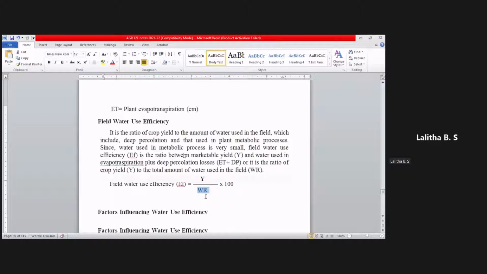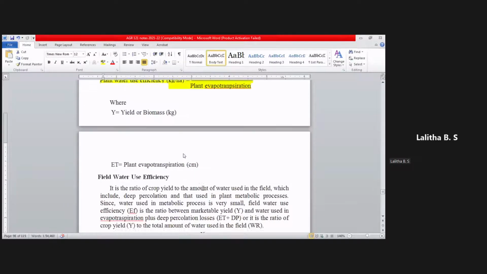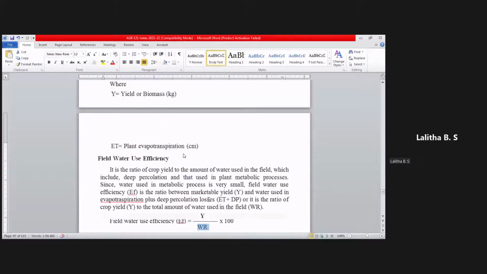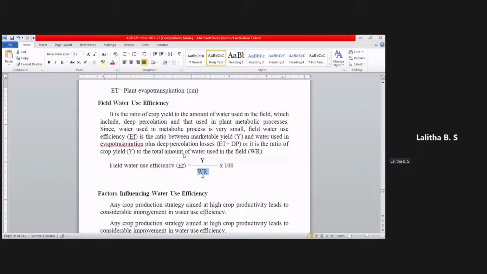Here, the water requirement, suppose I told 1,000 to 2,500 liters per paddy, includes conveyance losses, evaporation losses, and other losses. But ET indicates exactly how much has been used for evapotranspiration or consumptive use. So that's why the total water requirement will always be more.